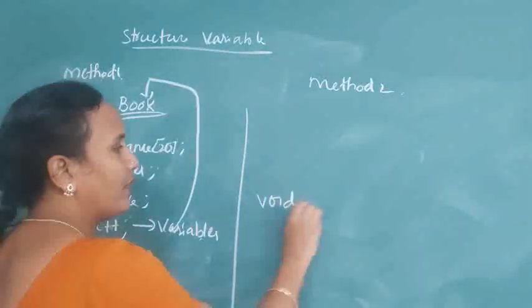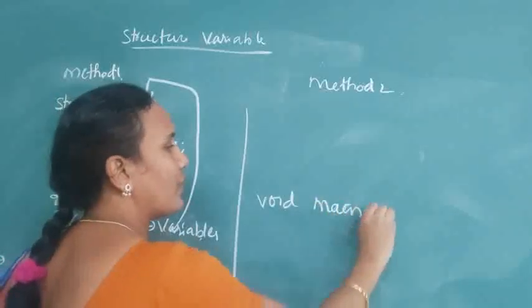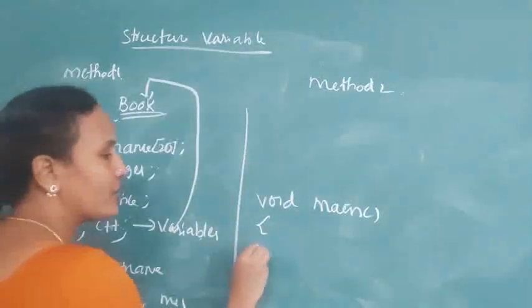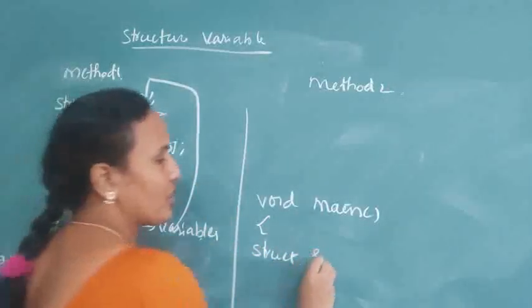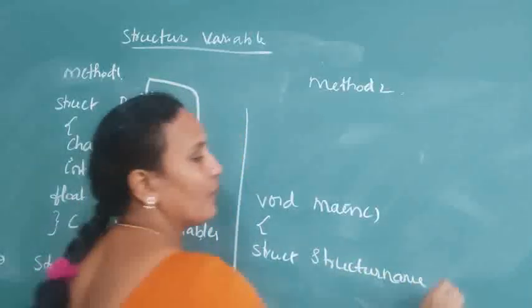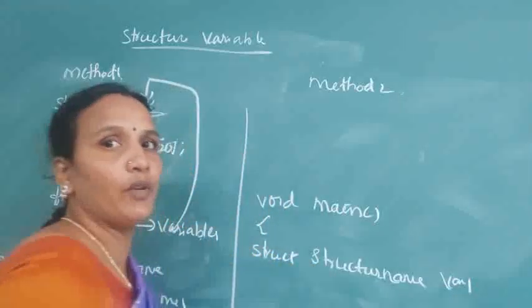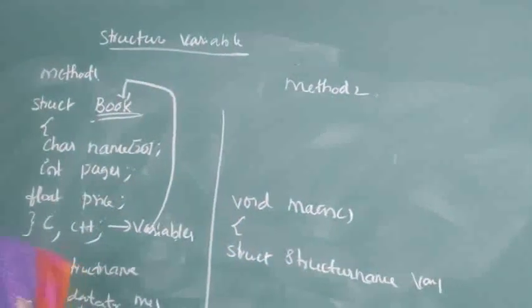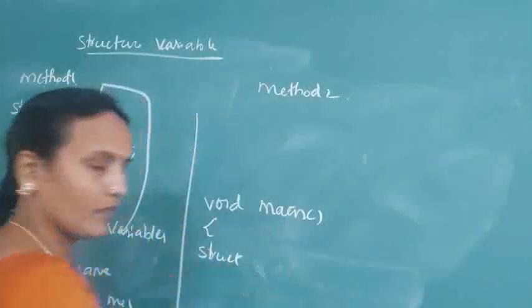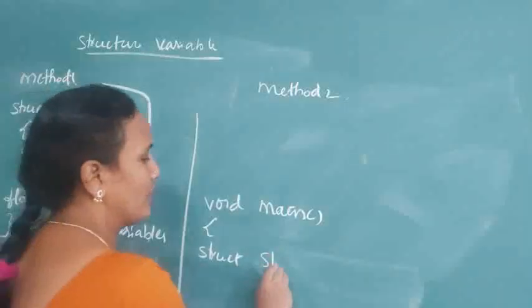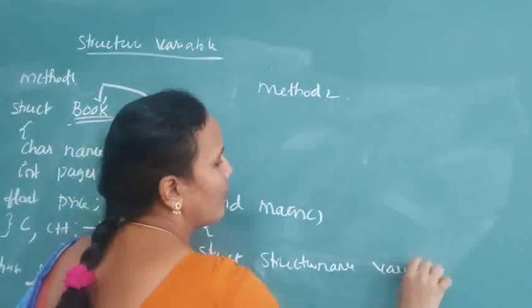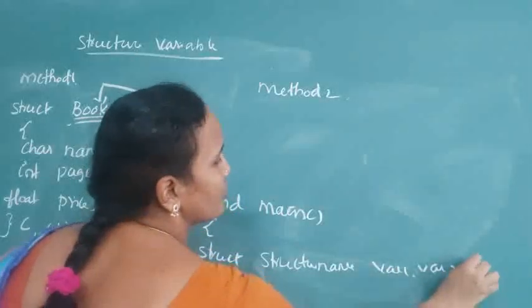Example, this is a main function. Your program execution starts from the main function. Now, here: struct structure name, variable 1 comma variable 2. Okay, struct structure name, variable 1 comma variable 2, and so on.